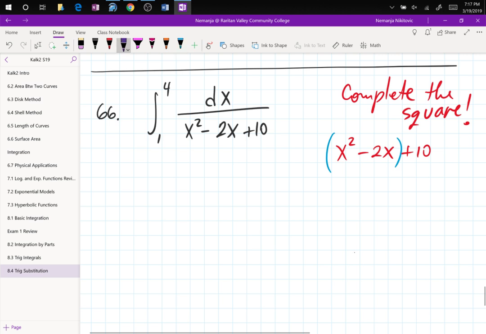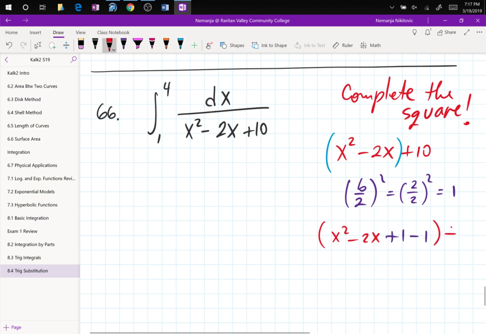We are going to take the formula b divided by 2 squared, which in our case is 2 divided by 2 squared, which is 1. That's the magic number that we add and subtract within the parentheses. So now I have x squared minus 2x here in purple, plus 1 minus 1, and then we have plus 10.